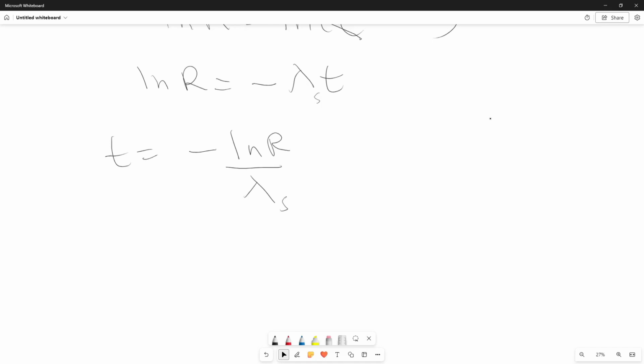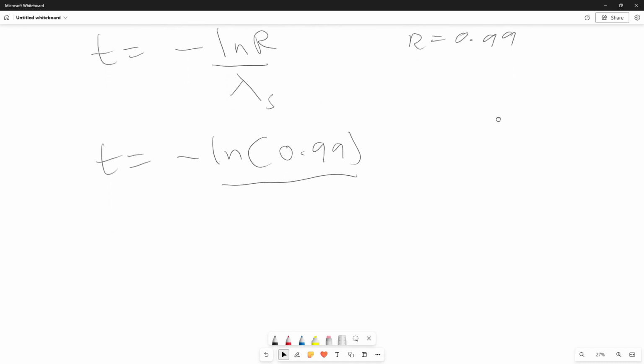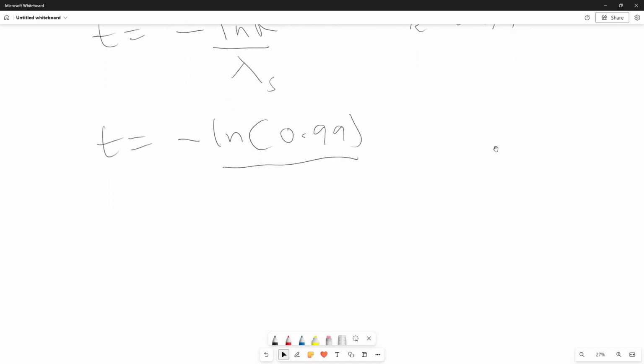So our lambda is 0.00921. In this case, R is 0.99. So t is negative ln of 0.99 divided by 0.00921.